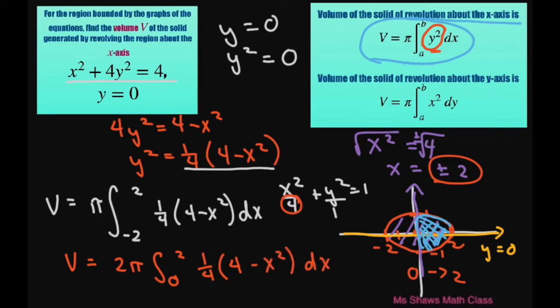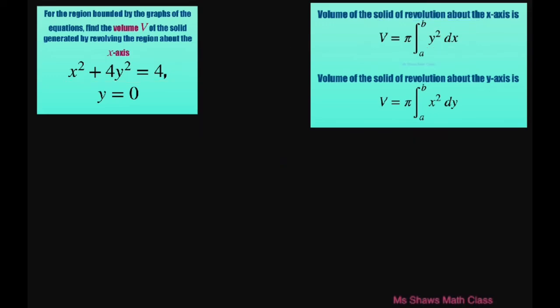All right, and then for the next step, I'm going to multiply my 2 times 1/4. That gives me 1/2. So this is going to end up being pi divided by 2. And we'll get our volume equals pi divided by 2 times the integral from 0 to 2 of 4 minus x squared dx.